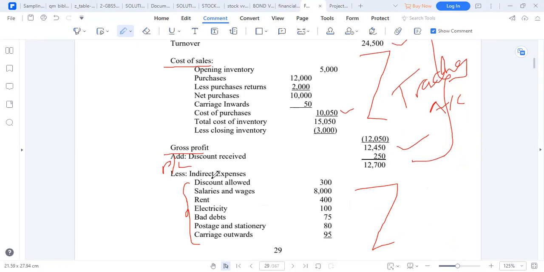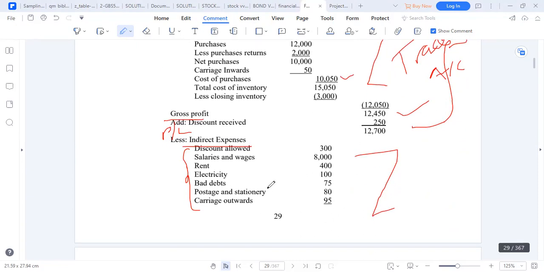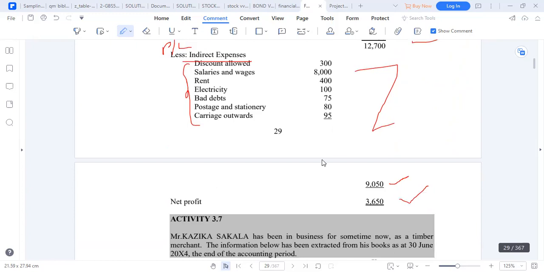This is our new gross profit. Then we subtract our indirect expenses like discount allowed, carriage outwards, salaries, rent. And when we subtract the total expenses from our gross profit, we get our net profit.